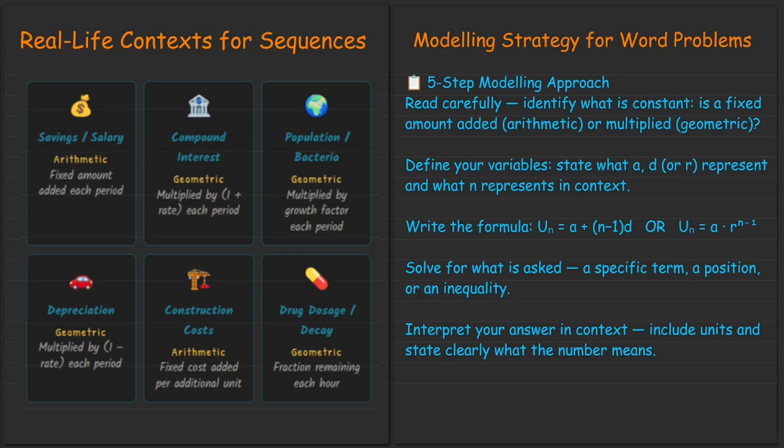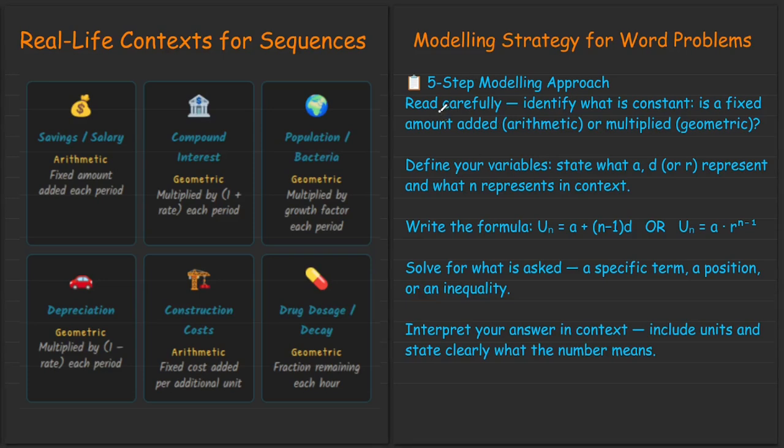So to be able to model these sequences from our real world problems, there is a 5-step modeling approach, and they are very simple. First one is for you to read carefully. So if you have any word problem at all, you need to model out your sequence from it.